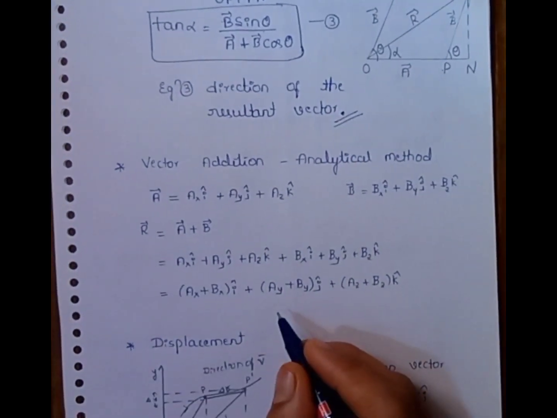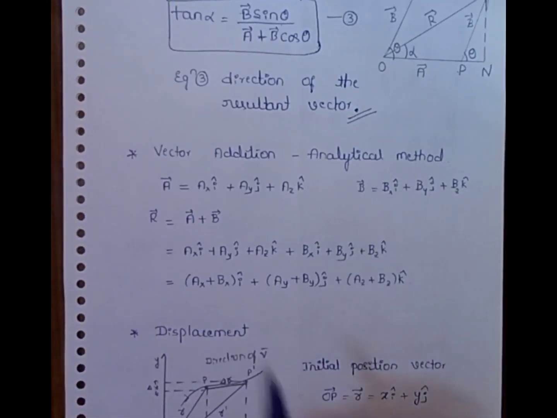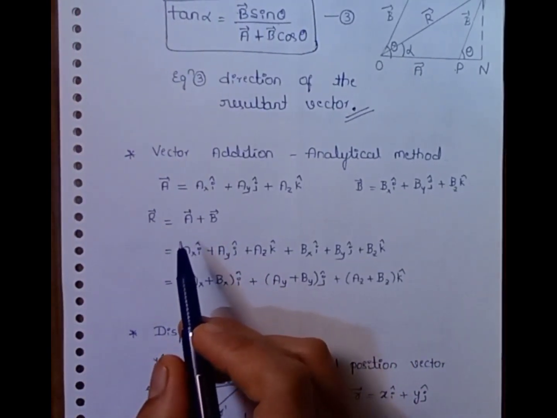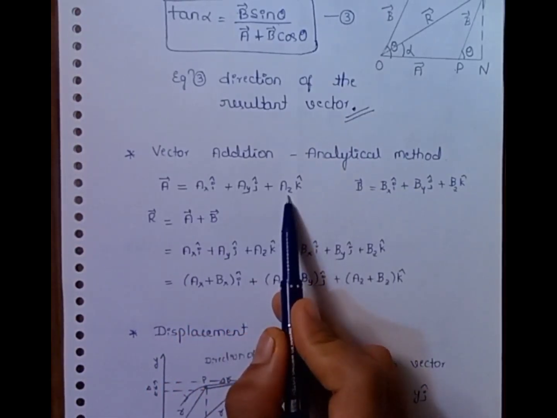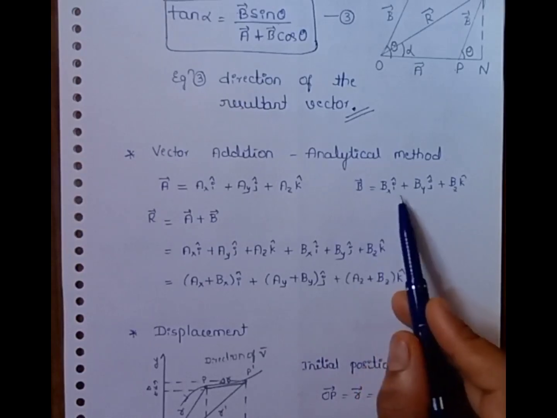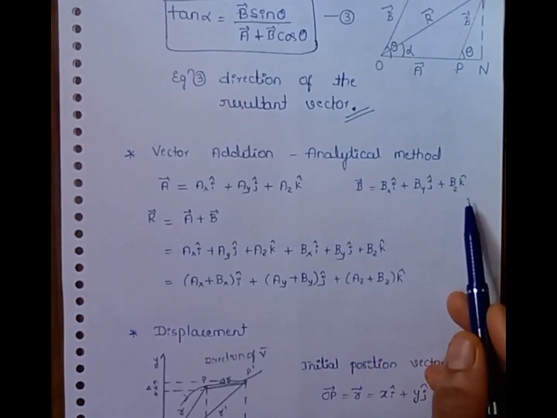Next one is vector addition by analytical method. Consider vector A is equal to AX i cap, AY j cap, AZ k cap, and vector B is equal to BX i cap, BY j cap, and BZ k cap.